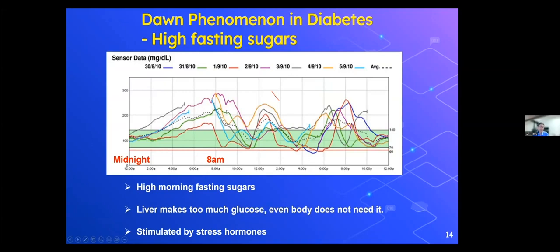A lot of patients ask why, because they weren't eating anything. It's because the liver was making the sugars for them. Again, as I mentioned, stress, if you don't have a good sleep or something stresses you out, would contribute to this increase. And these other increases are most likely caused by the food the patient was eating.